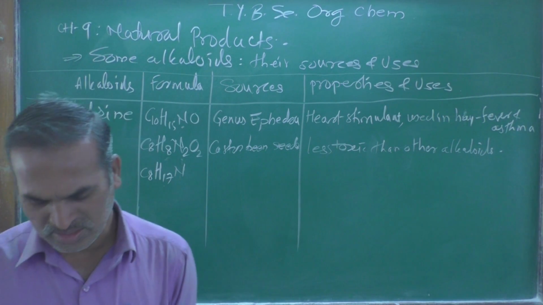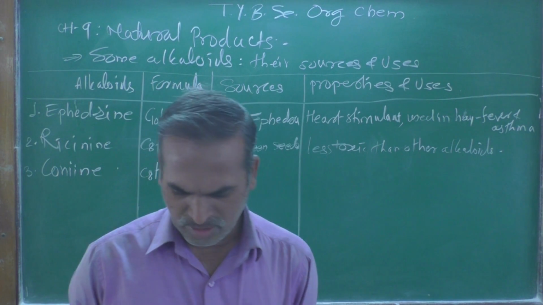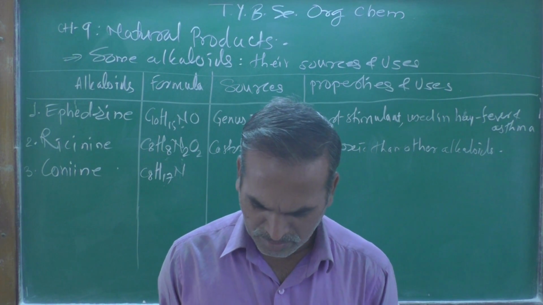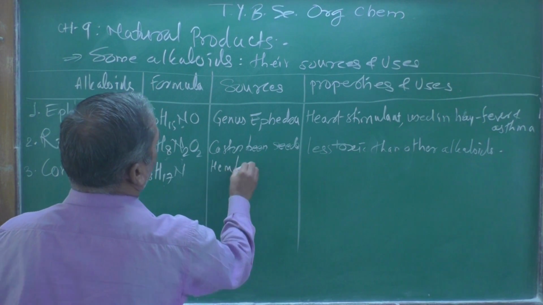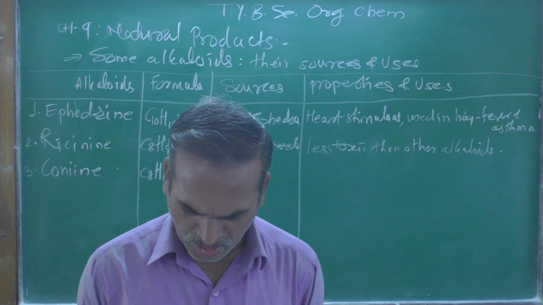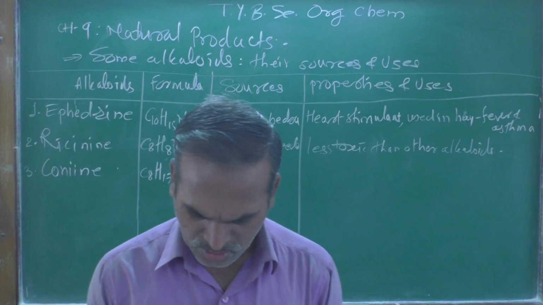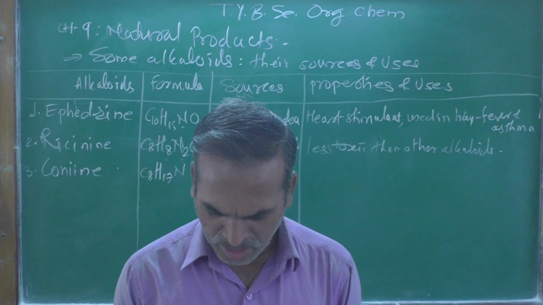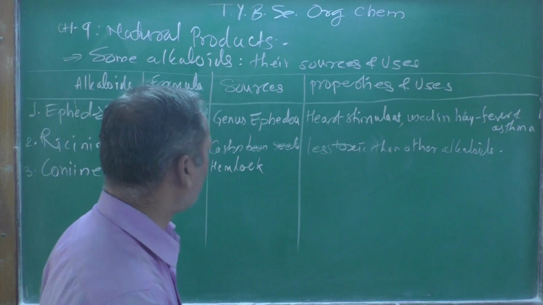So let us see once again that the source of conine is hemlock. It is the name of the plant from which it is obtained, Conium maculatum.